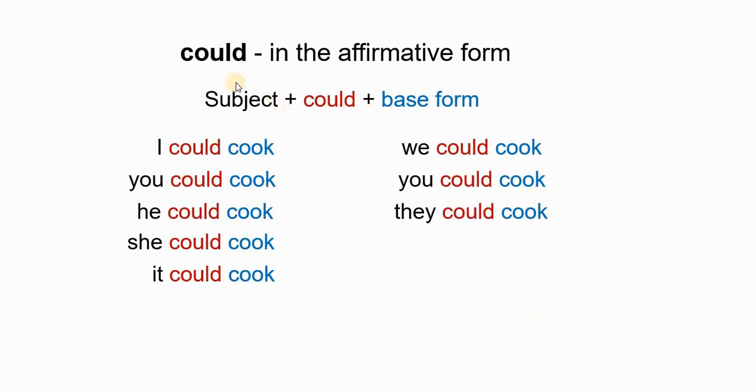First of all, we will look at the form. Could in the affirmative form. So it is the subject plus the verb could, and then the base form of the verb.